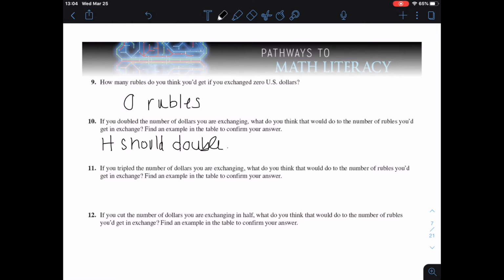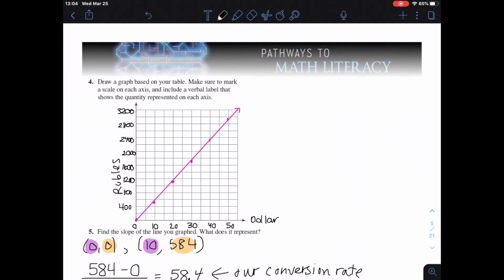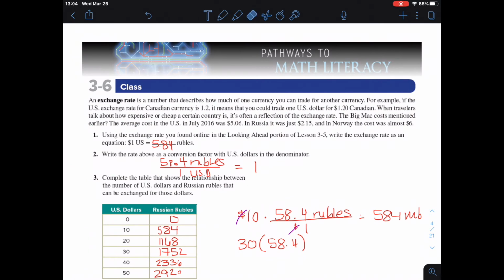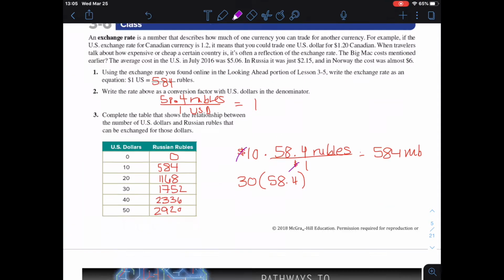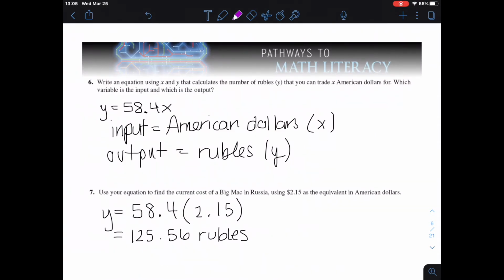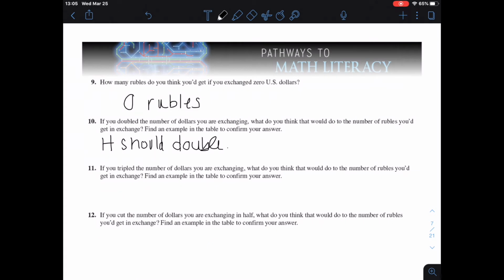And if you look back to our table, it is going to do exactly that. When you have 10 dollars, it's 584. When you double the amount to 20, the amount of rubles doubles as well. So you can look at that specific example to see it is true.